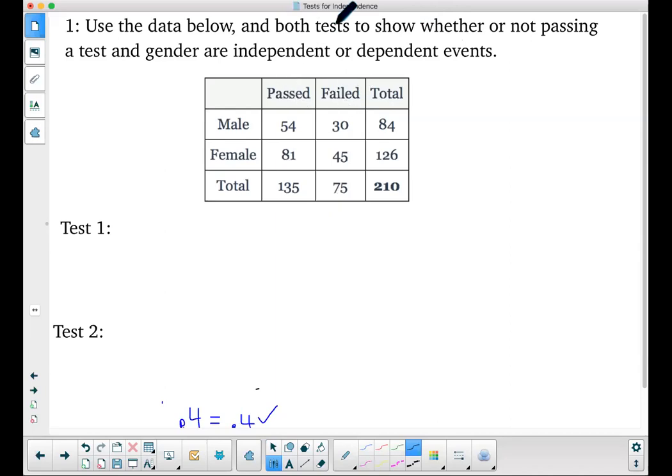So when it comes to this type of table, we're going to do the probability of male, how about, and passing. Does that equal the probability of being a male times the probability of passing?